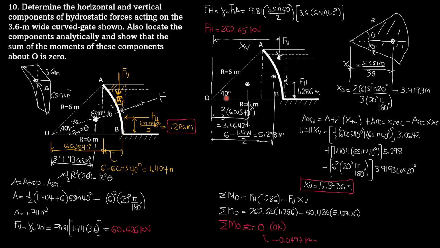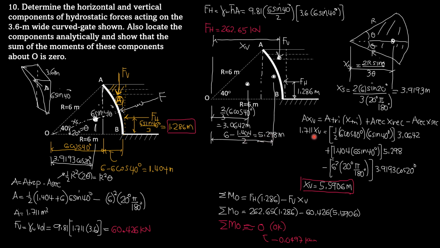Since this is 6 cosine 40, the base of the right triangle, the location of the centroid from O is 2/3 of 6 cosine 40 degrees, and that's 3.0642 meters. While the location of this rectangular area is 6 meters radius minus half of this width, and that width is 1.404. So 6 minus half of 1.404 is equal to 5.298 meters.